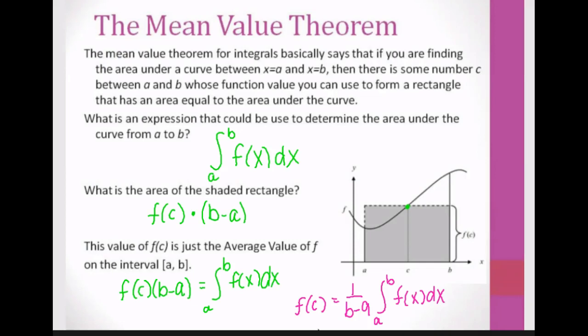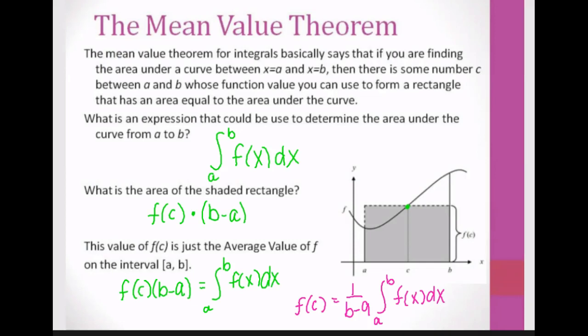So just like in derivatives, you said f prime of c equals the slope of the secant. For integrals, it's f of c equals the average value of the integral.